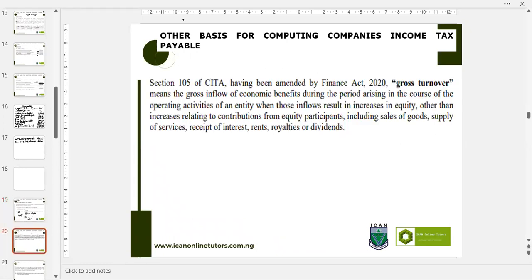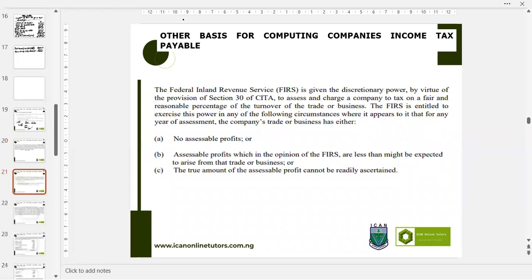So Section 105 of the Companies Income Tax Act has been amended by the Finance Act of 2020. Again, the gross turnover means the gross inflow of economic benefit during the period arising in the course of the operating activities of an entity, when those inflows result in increases in equity other than increases relating to contributions from equity participants, including sales of goods, supply of services, receipt of interest, rent, royalties, or dividends.